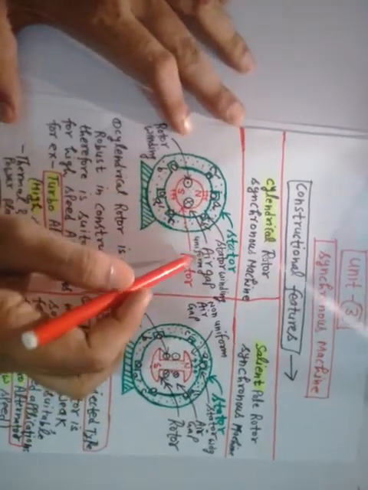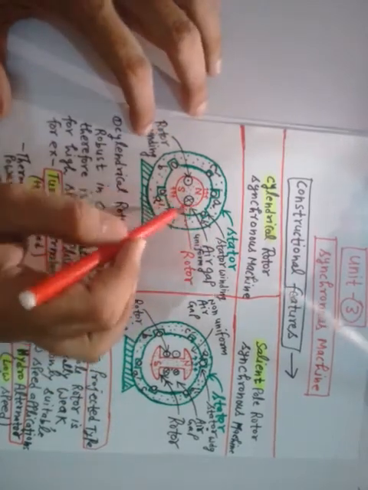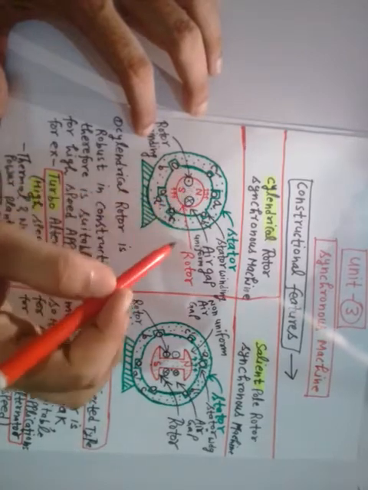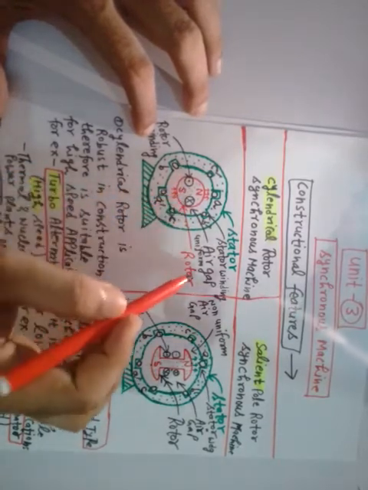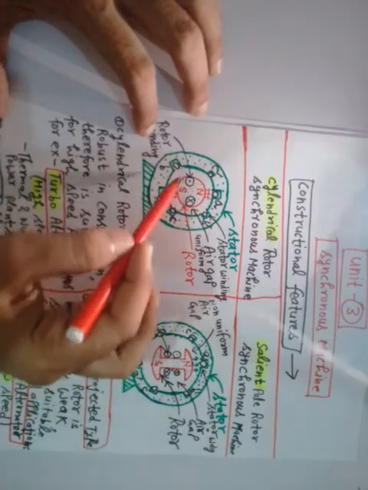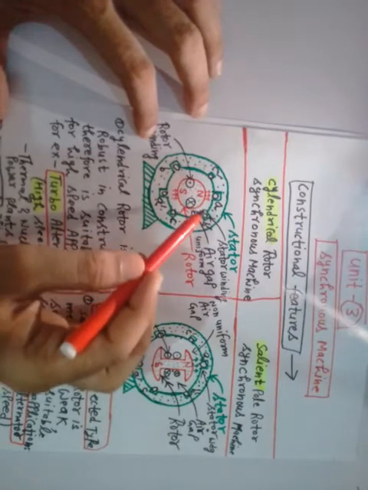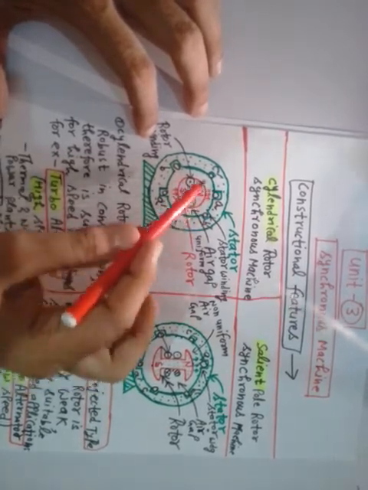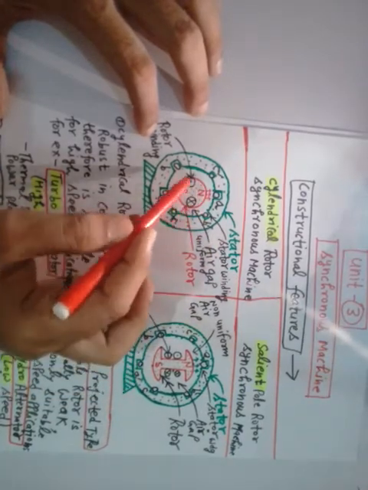Because of the structure of this cylindrical rotor, this air gap is uniform. And let me tell you, this uniform air gap will improve the performance of this synchronous generator having the cylindrical rotor. Once the air gap is uniform, the flux distribution will also be uniform, and consequently the EMF generated will be mostly sinusoidal.